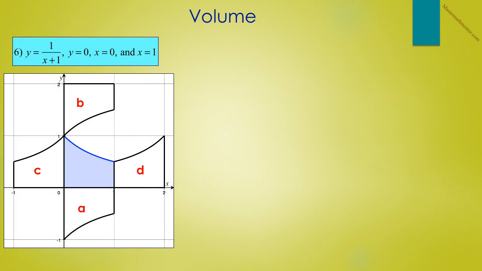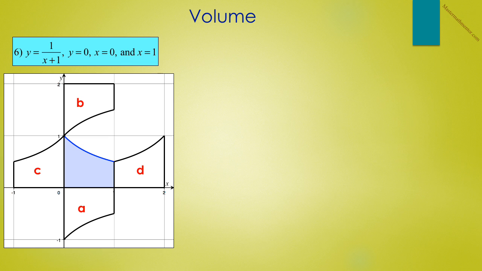In number 6, we see the curves y is equal to 1 over x plus 1, y equals 0, x is equal to 0, and x is equal to 1, and this gives the region shaded in blue.